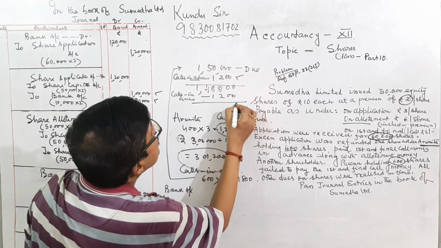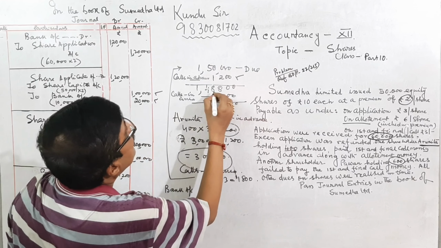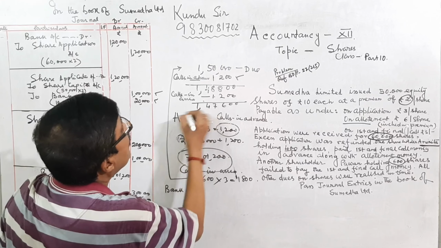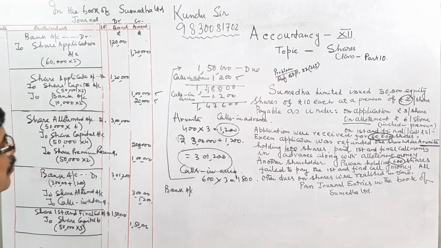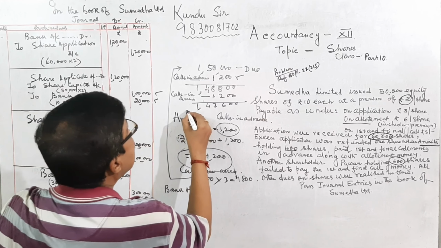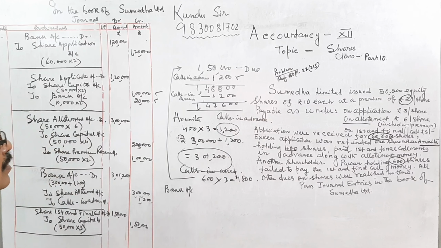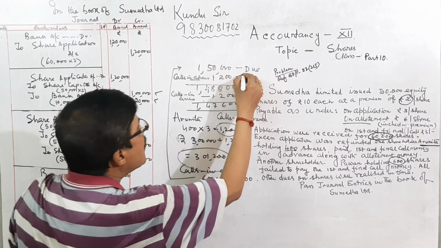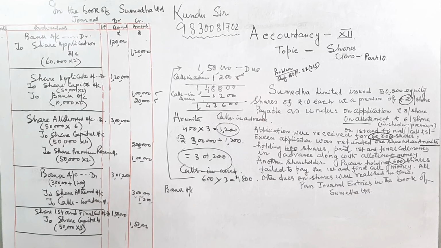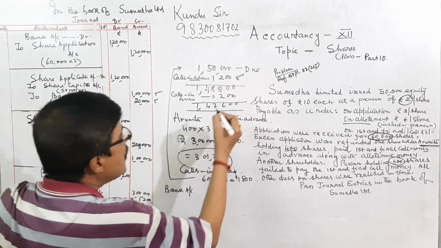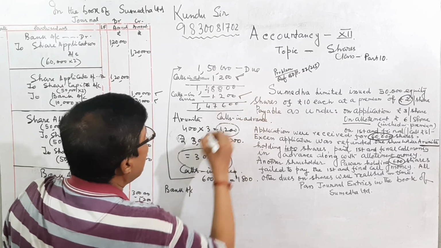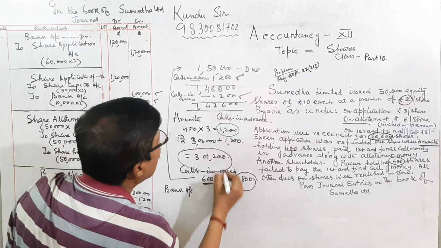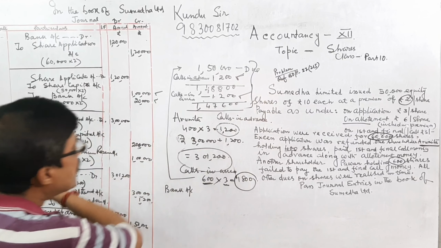So we are getting 1,47,600. Arunita already paid at the time of allotment, but Pawan has not paid what is due at the time of first and final call, and Pawan is holding 600 shares at the rate of 3. It is the calculation due.